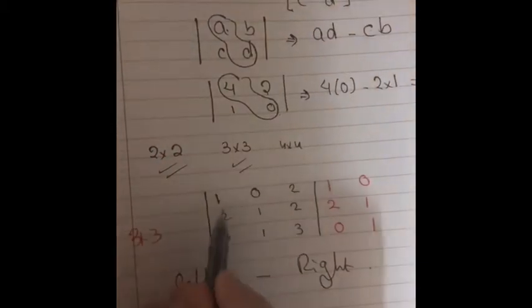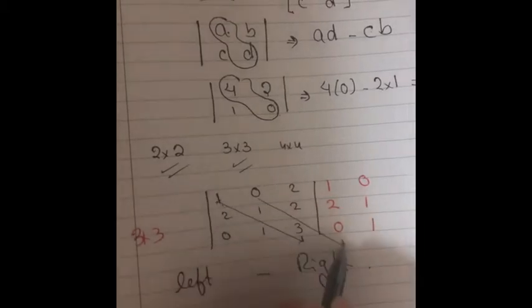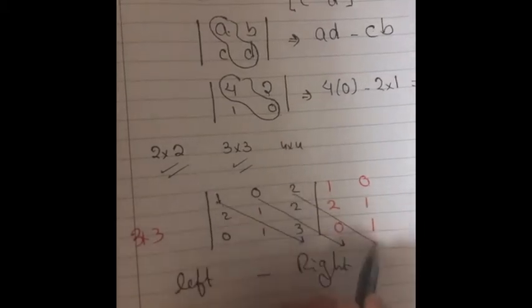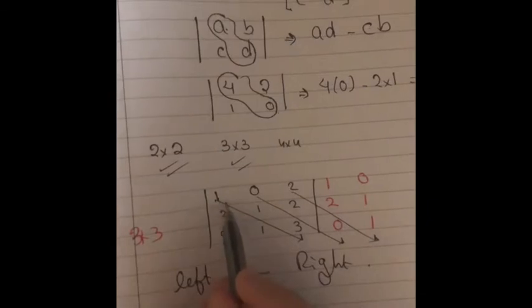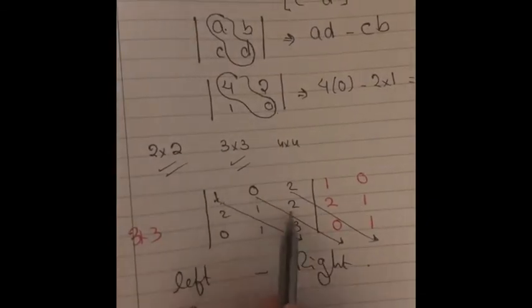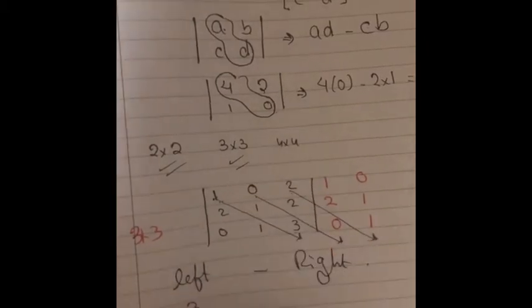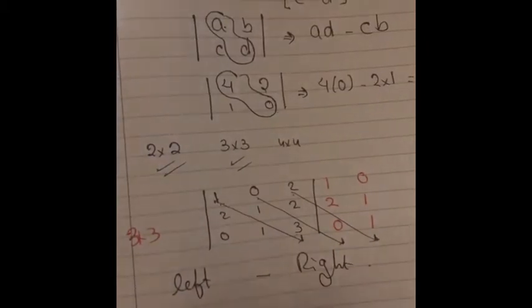Left side multiplications are 1 times 1 times 3 plus 0 times 2 times 0 plus 2 times 2 times 1. So 1 times 1 times 3 is 3, plus 0 times, once you see a 0, it's 0. Done. 2 times 2 times 1, 4. So the answer is 12.